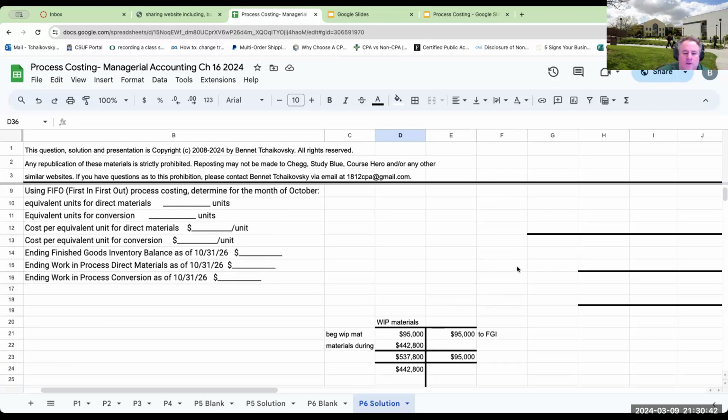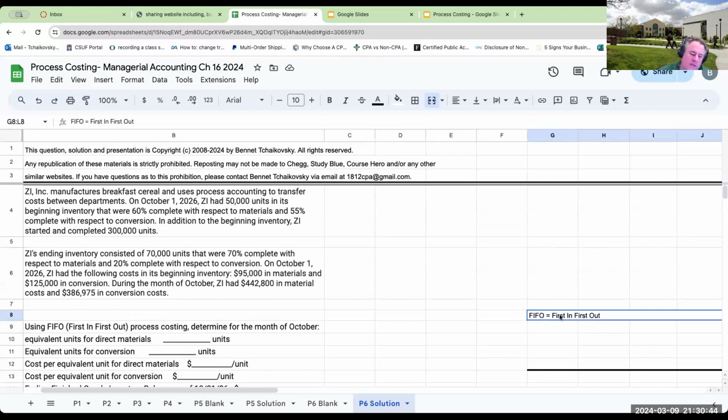Okay, so now when we're dealing with first in, first out, how do we approach equivalent units, or EU?